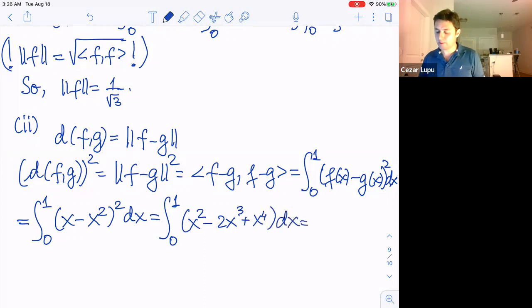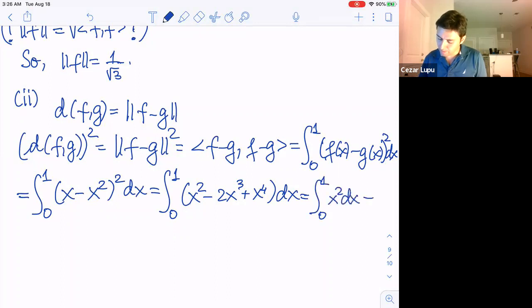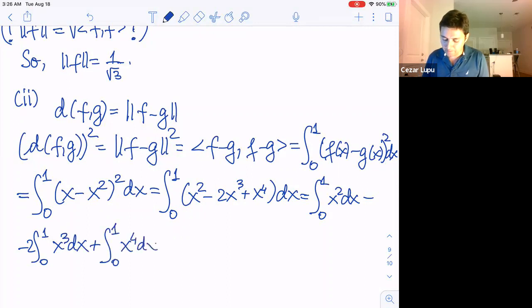Now applying the properties of the integral, basically that the integral is linear, this will be the integral from 0 to 1 of x squared dx minus 2 times the integral from 0 to 1 of x cubed dx plus the integral from 0 to 1 of x to the 4th dx.